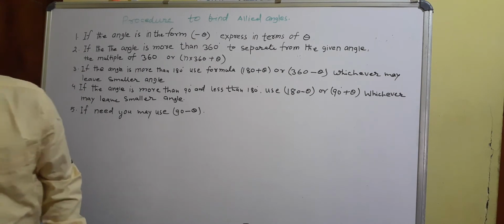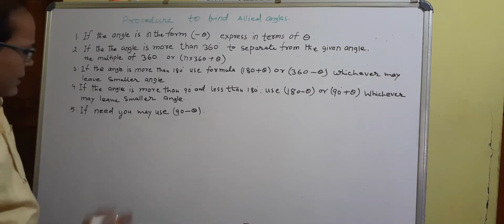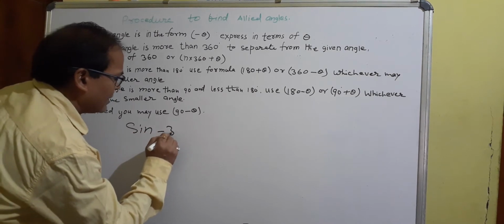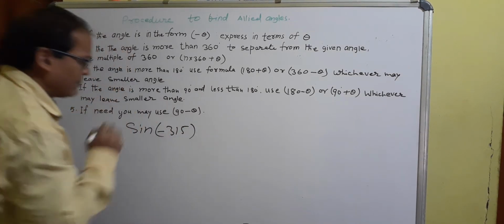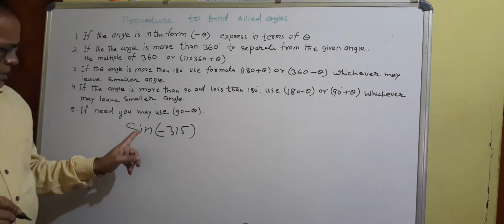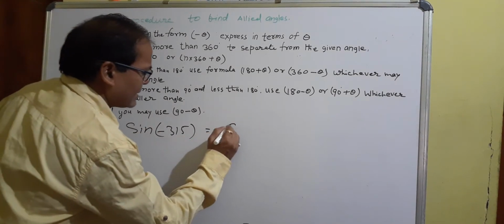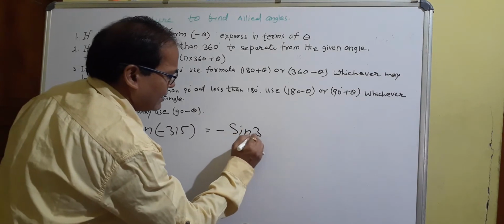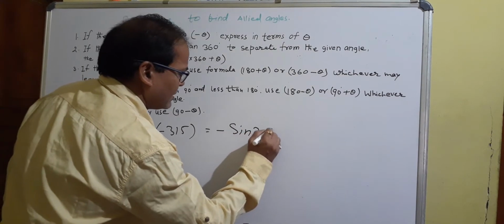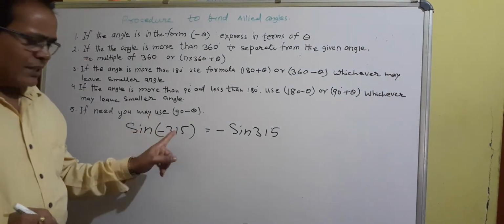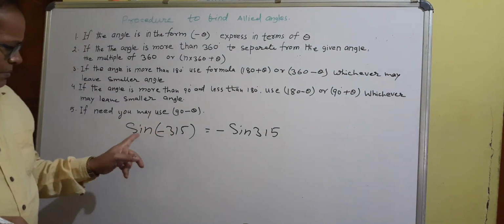Sine minus 315 degrees. So first of all, for a negative angle, we will write minus sine 315 degrees, because sine of minus theta is minus sine theta.